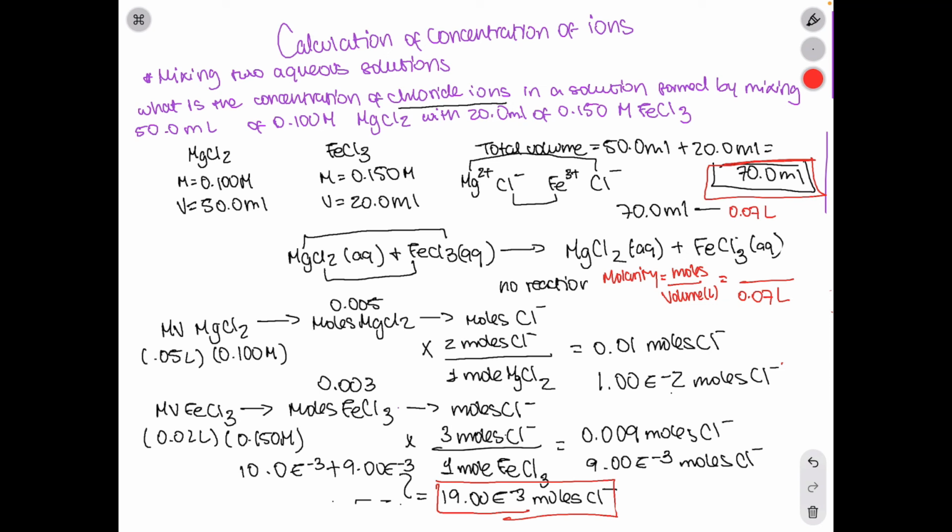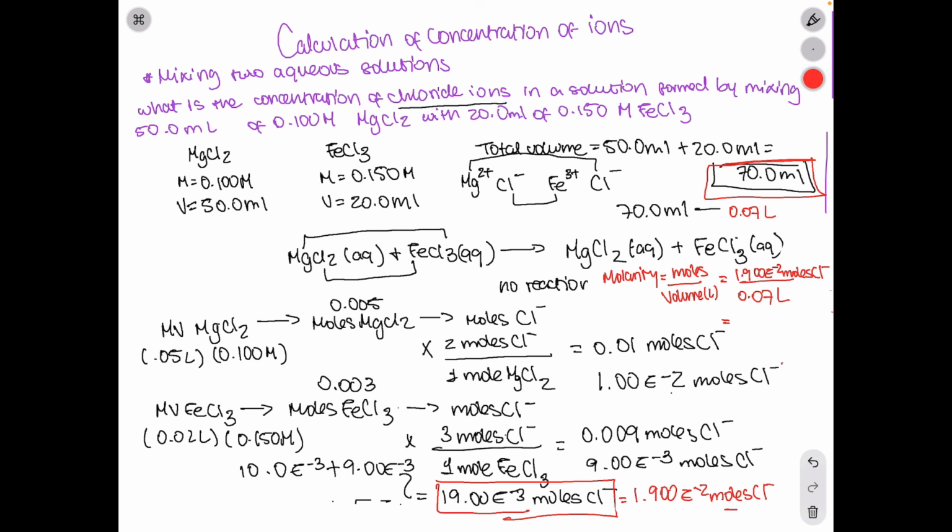And then let me change this to 1.900 e -2 moles Cl minus. So then we put our moles, 1.900 e -2 moles Cl minus, divided by 0.07.